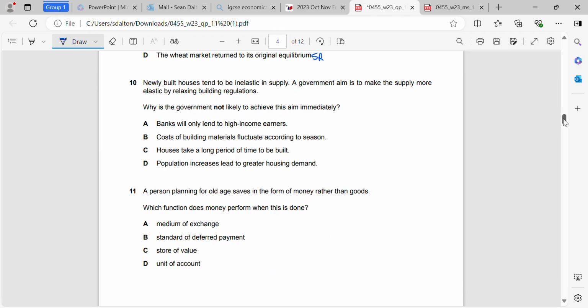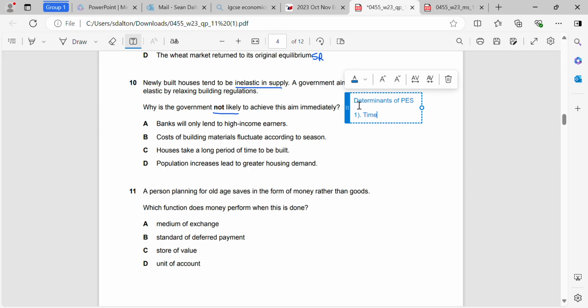Okay, newly built houses tend to be inelastic in supply. The government's aim is to make the supply more elastic by relaxing business regulations. Why is the government not likely to achieve this aim immediately? Okay, so one of the things this question is asking you to understand is the determinants of PES.